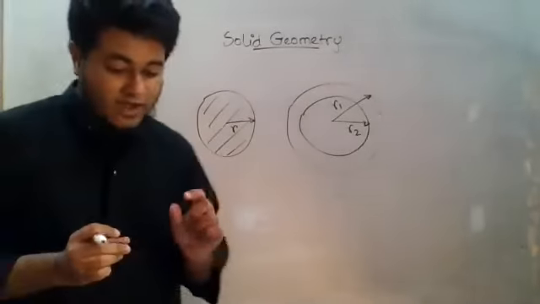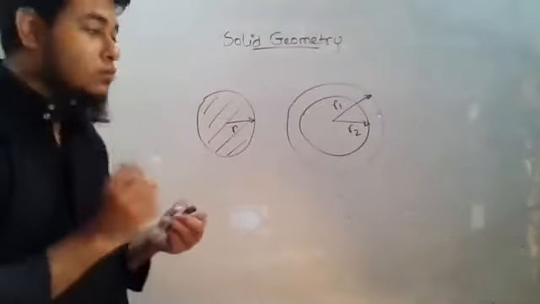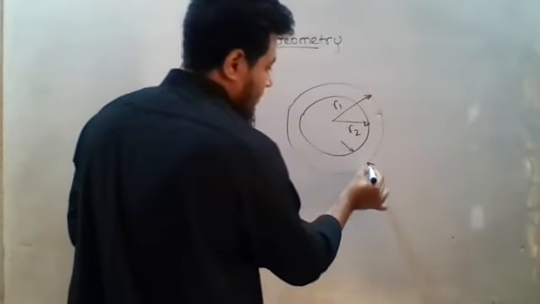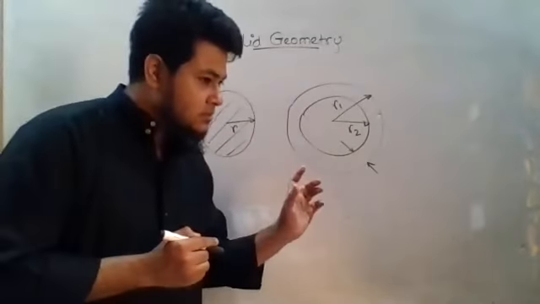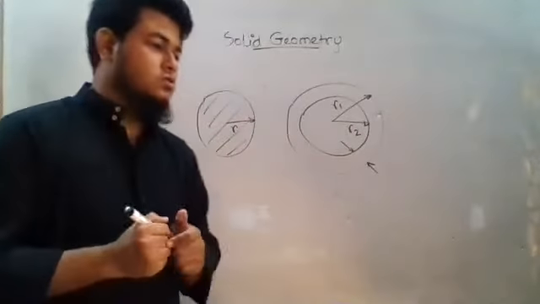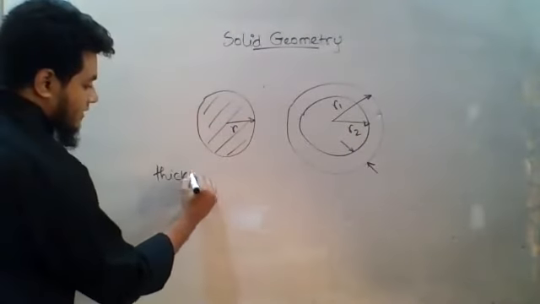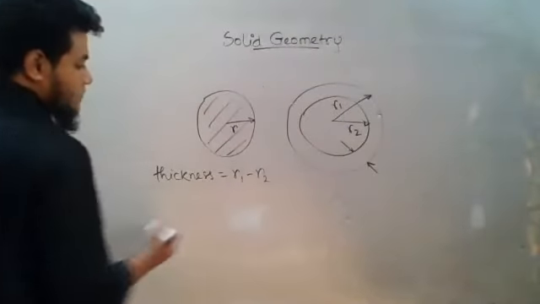Now the final answer that you have to find out is the thickness. How do we find the thickness? Can anybody tell me how I can find the thickness? R1 minus R2. Very good. So actually I have to find out the thickness by this R1 minus R2.